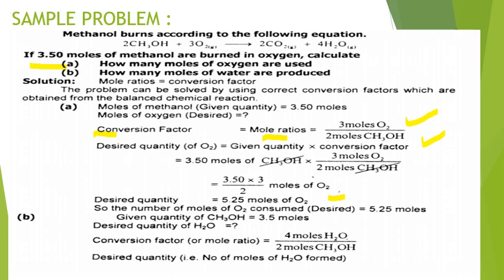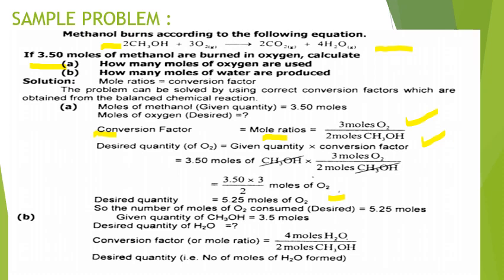Okay, now the second part is B part. How many moles of water are produced? Again, we are given the moles of methanol. So we have to make use of a mole ratio between methanol and water. Now how to construct the conversion factor from this equation for these two? Here we have 2 moles of methanol which produces 4 moles of water from this balanced chemical equation. We need moles of water to be produced from 3.50 moles of methanol.